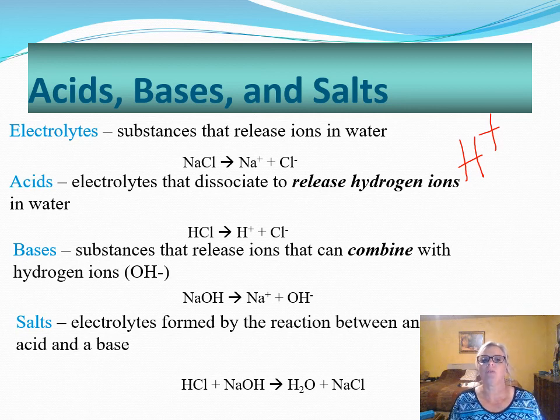Salts are very important as well. These are electrolytes that are formed between the reaction between an acid and a base. So here we have hydrochloric acid, then we have sodium hydroxide, and that's a strong acid, hydrochloric acid. If you have a strong acid and a strong base, then what you're going to get is a salt and a water.